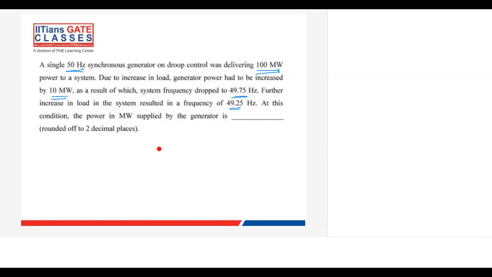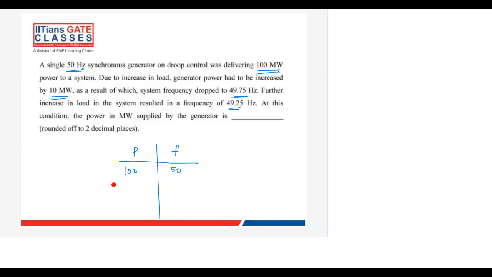So if we look at P on one side and frequency on the other, at first it was 100 and the corresponding frequency was 50.